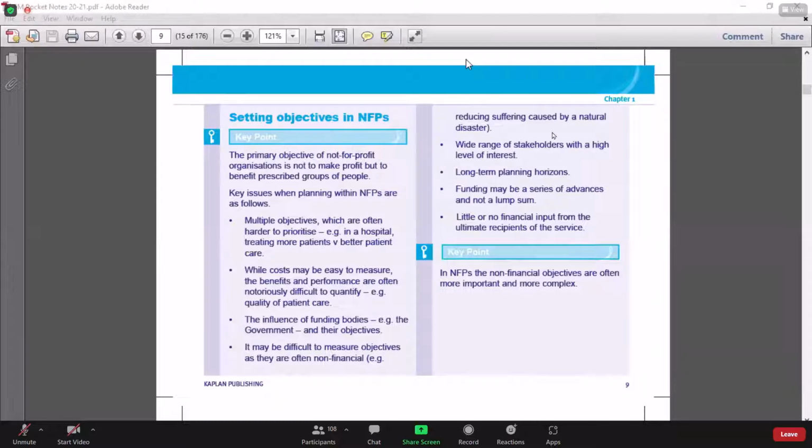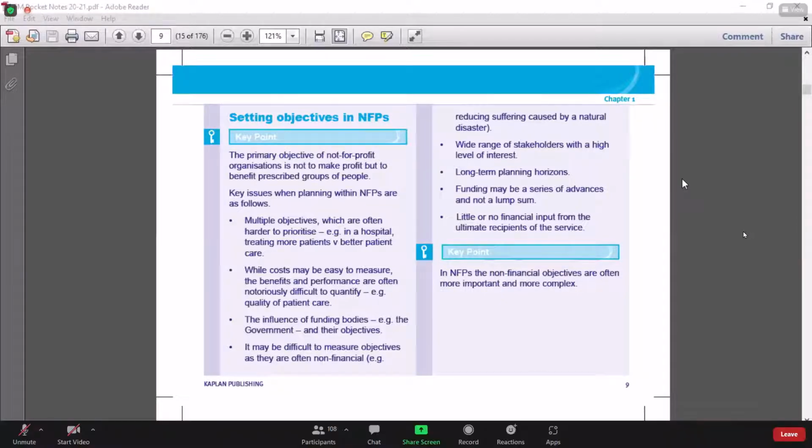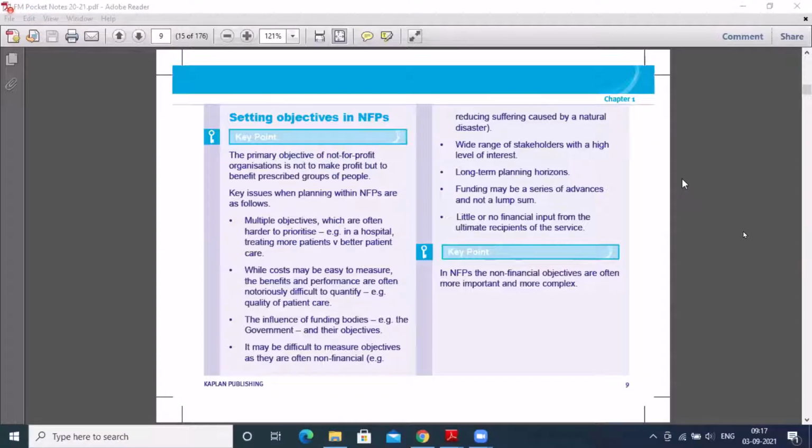Now the next interesting query is a wide range of stakeholders with a high level of interest. Normally in a profit organization also, of course, we have a wide range of stakeholders, but we mainly focus on the shareholders, management, employees, and suppliers.